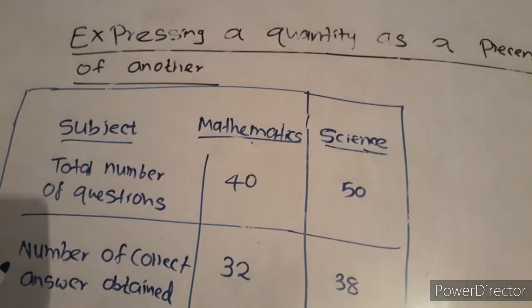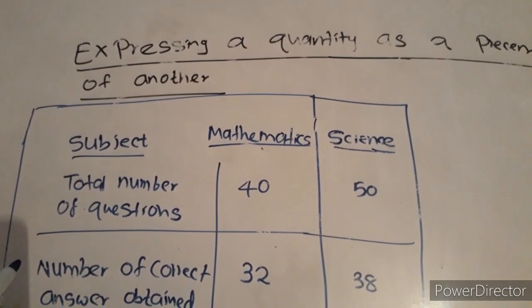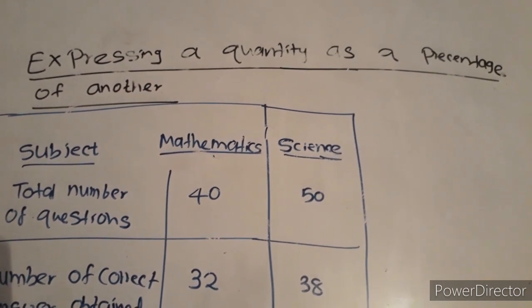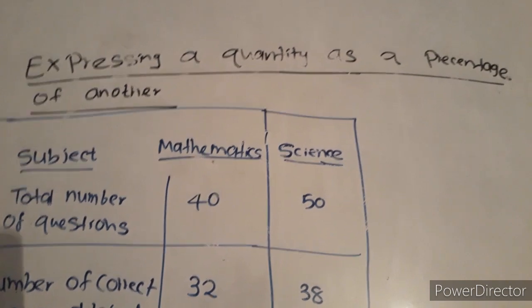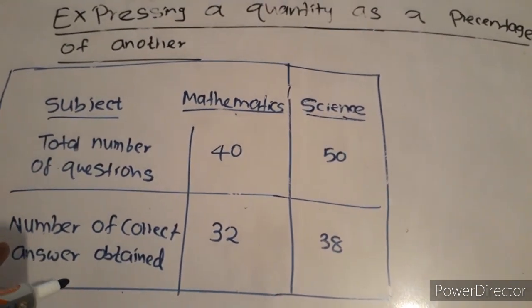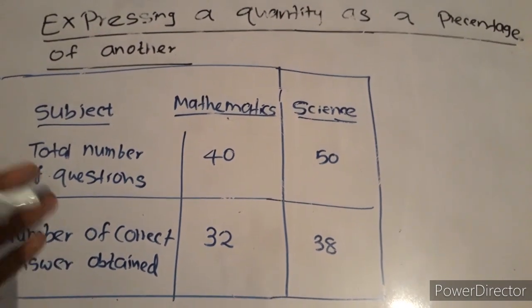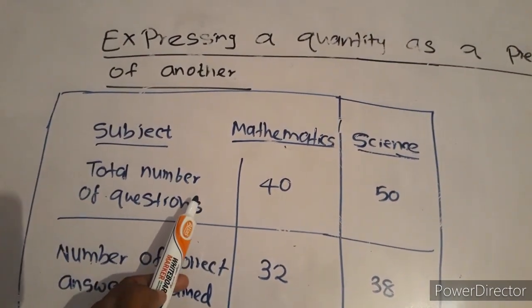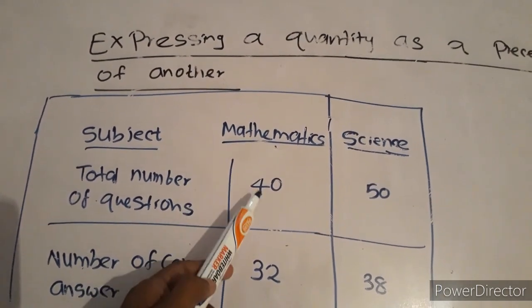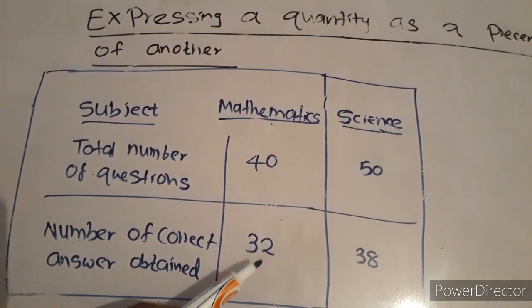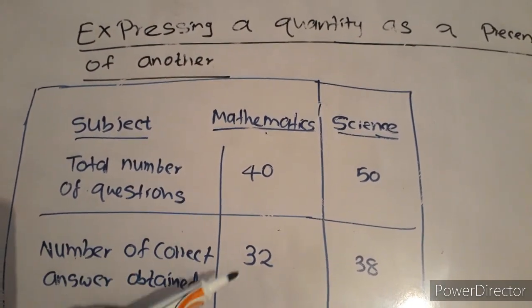Now we'll see how to express the quantity as a percentage of another. As I said earlier, this is the example. We'll see how to calculate it as a percentage. Mathematics: total number of questions, how much? 40. How many correct answers obtained? 32. So we can write it as a fraction.